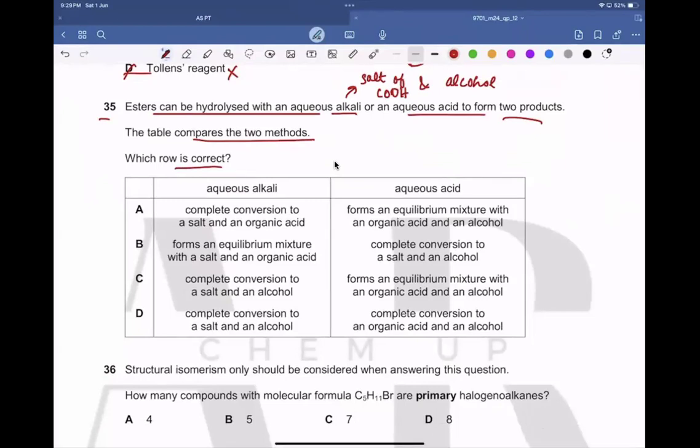And when we use the aqueous acid, we get the carboxylic acid and alcohol. The complete conversion to a salt and an organic acid. Here, yeah, a salt is there, but not an organic acid. So A goes wrong.